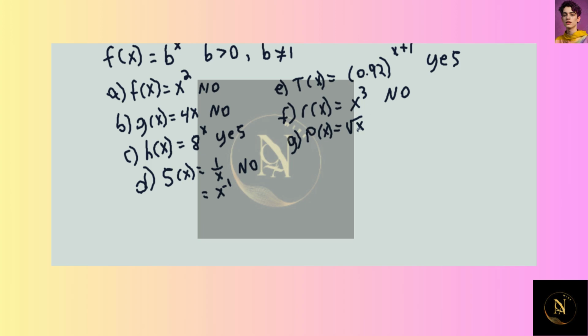But can I rewrite this? Well, yes, if you remember that the square root of any number is that number to the 1/2 power. So the square root of x is x to the 1/2. And then is this in the form where I have some constant raised to a power where the variable is in the power? No, right? The variable, again, is in the base and the power is fixed. That's a power function, not an exponential, so that would be no.